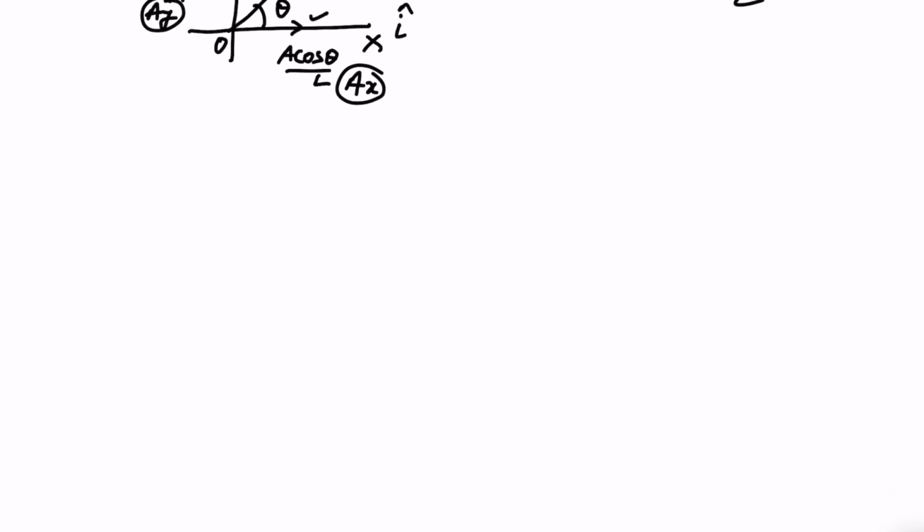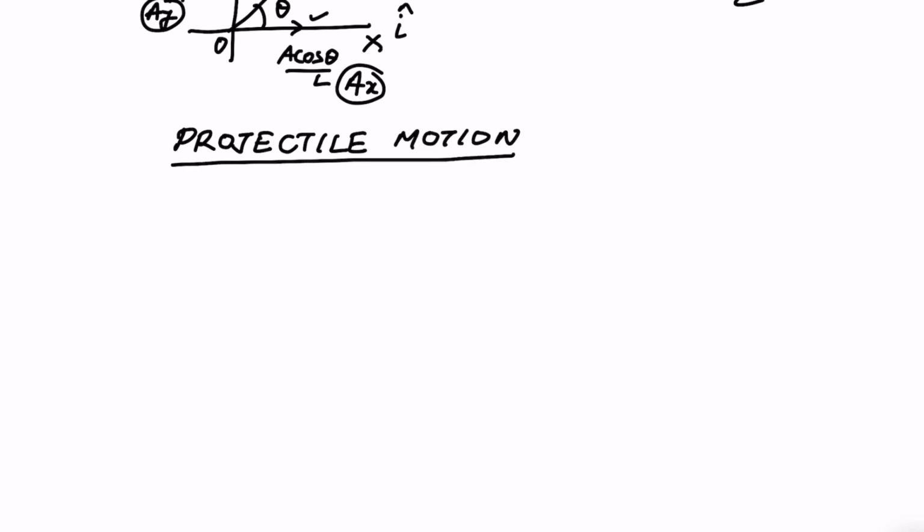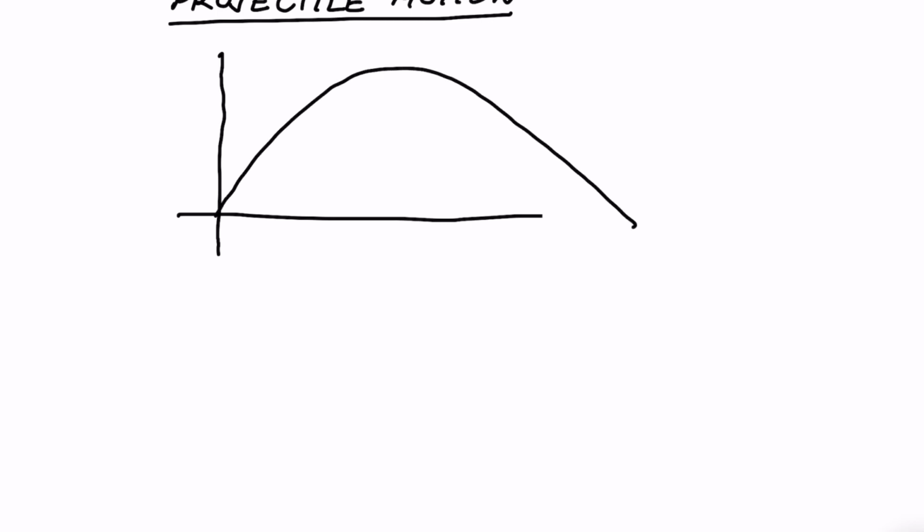Now we come to the main topic, that is projectile. Whenever we throw an object at a certain angle, say theta, with the horizontal, suppose we have thrown a particle with a velocity of u.